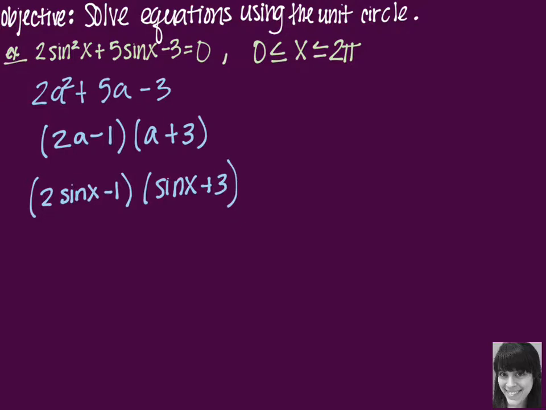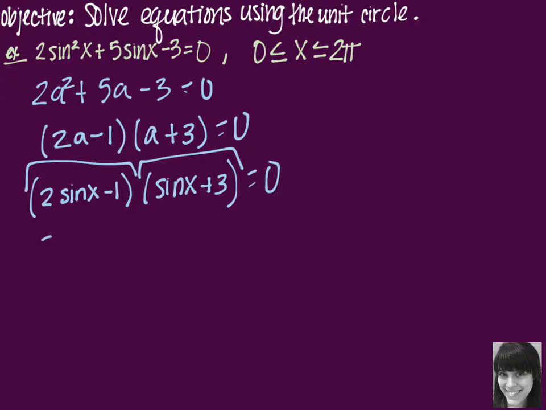So what you would do is take each of these and set them equal to 0. And when I say each of these, I'm talking about these binomials, right? Because that's how you would solve this right here. Okay, so let's do that.